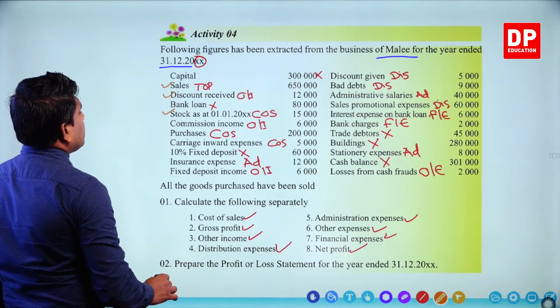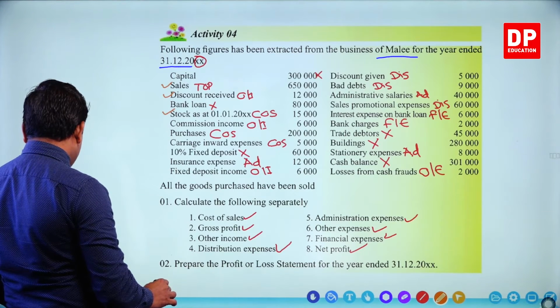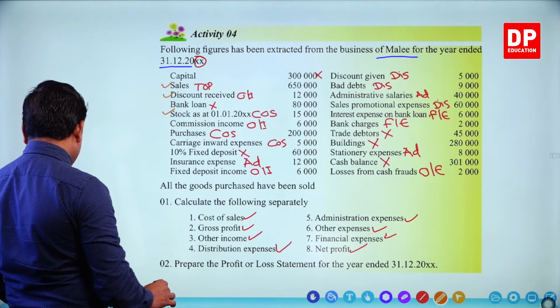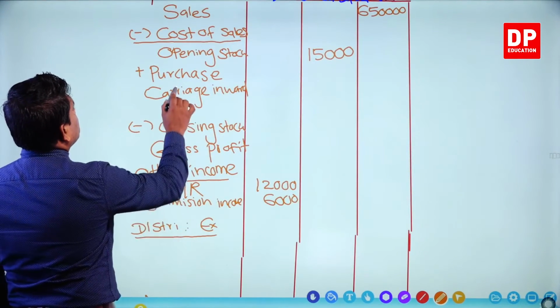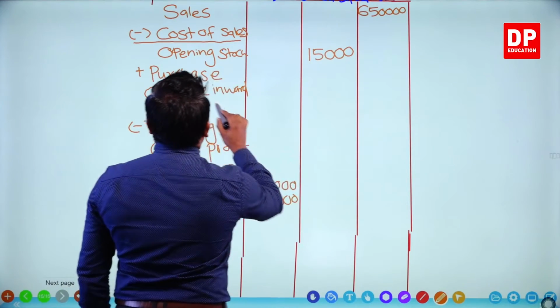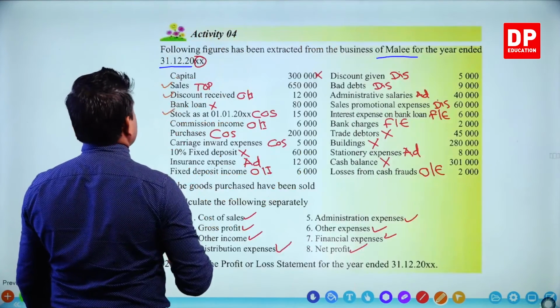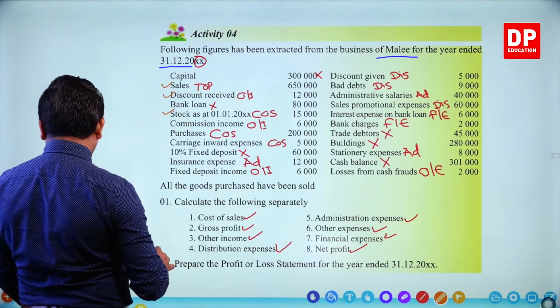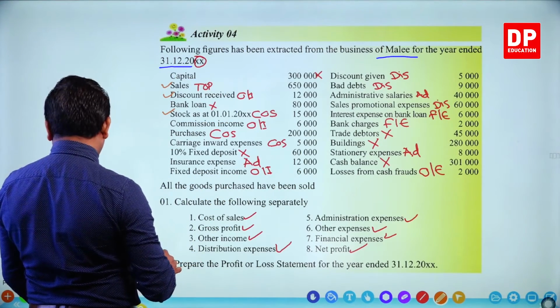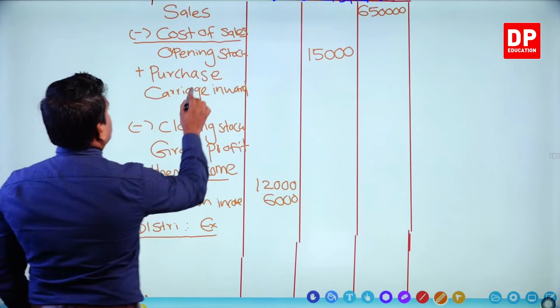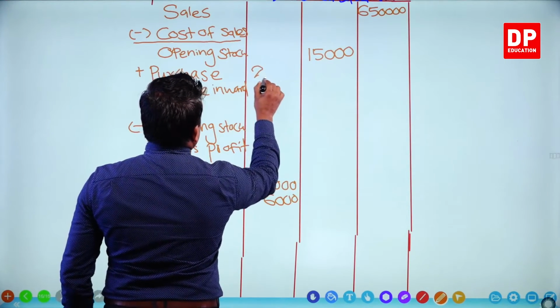Then purchase. It comes under the purchase. Here you see the value: purchase 200,000. We put it here.